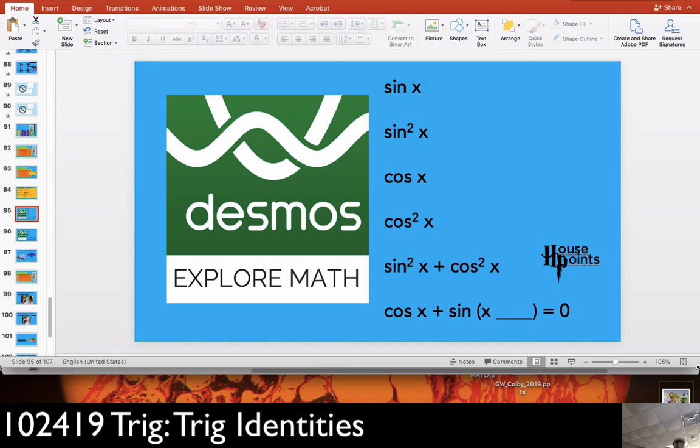So here's an expression. I've already shown you how the sine squared and cosine squared equals 1, right? We saw it graphically. I'm saying cosine x plus or minus sine of x what equals 0.